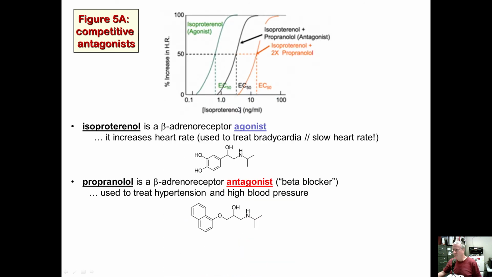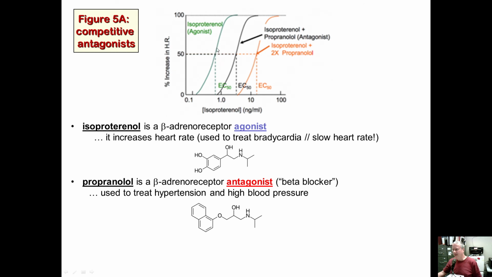Okay, so if we consider on the y-axis percent increase in heart rate, and we just add isoproterenol, we get an EC50 of a little bit under maybe 0.9 nanomolar or something, around 1 micromolar.